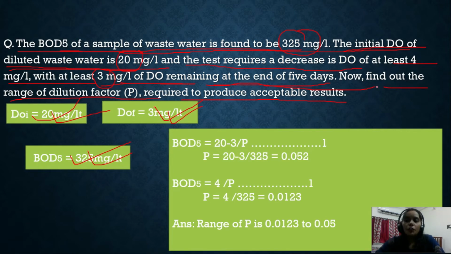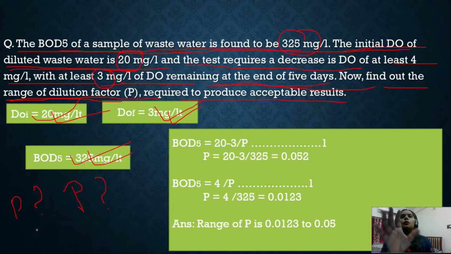Now find out one more thing: the range of dilution factor. When you have this type of question, the range of dilution factor, you have to calculate two p values. Consider if one value is 2 and the second value is 4, what is the range?